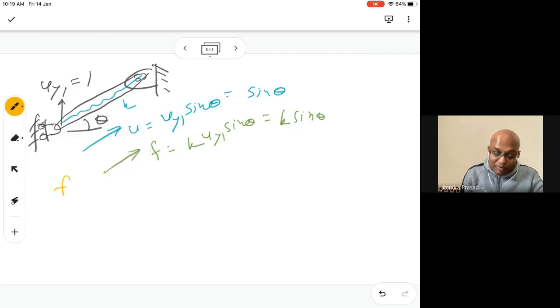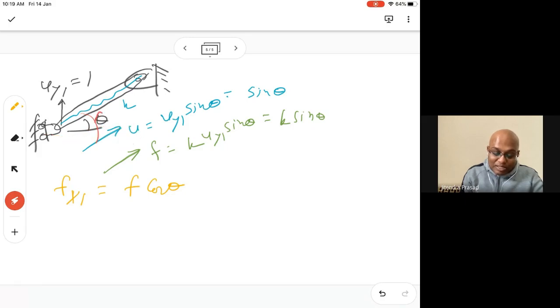F, 1 2, Fx, you say Fx1. So Fx1 will be nothing but F cos theta. So you have F here and theta here, and Fx1 is this one.